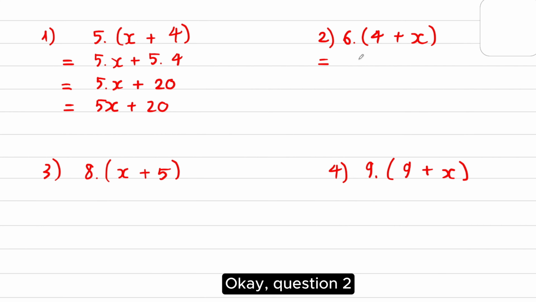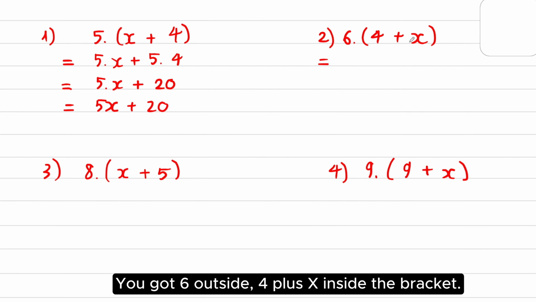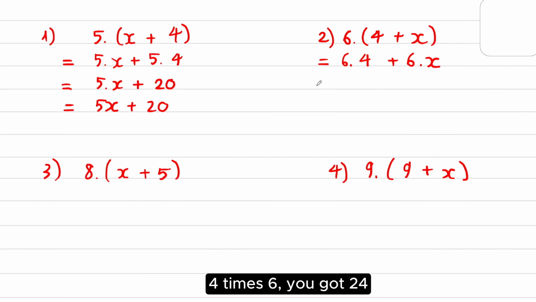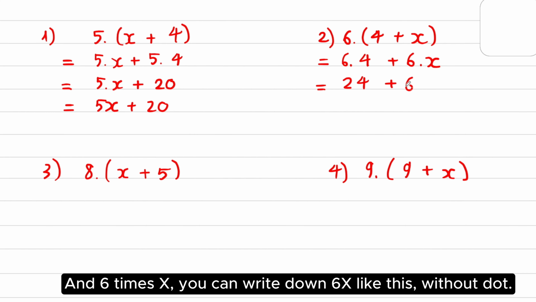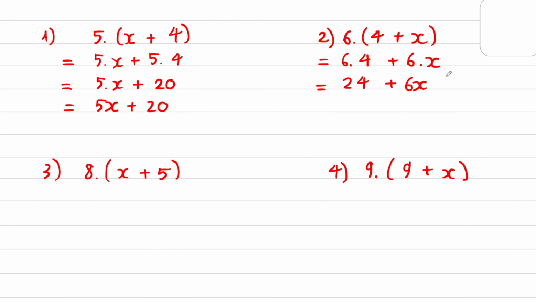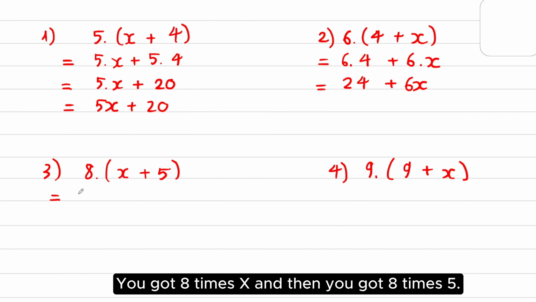Question 2, you have 6 outside, 4 plus x inside the bracket. You take 6 times 4, and then 6 times x. 6 times 4 you get 24, and 6x you can write as 6x without the dot. It still represents multiplication and you don't need to write the dot. Question 3, you have 8 times x, and then 8 times 5.